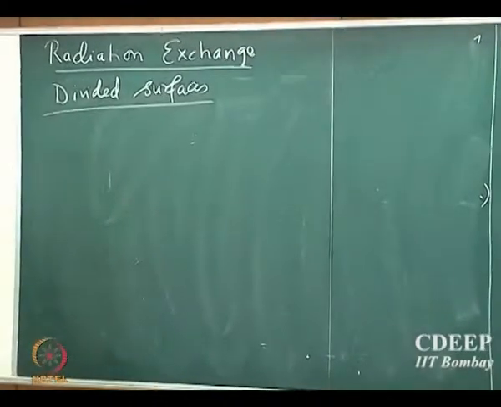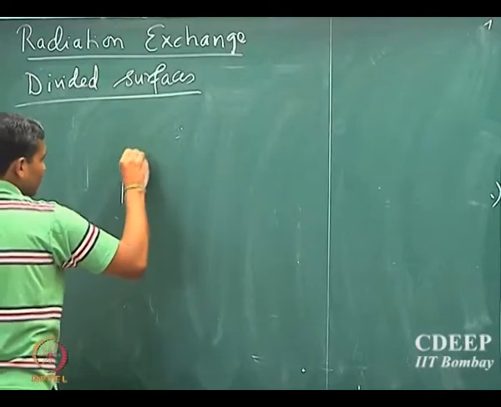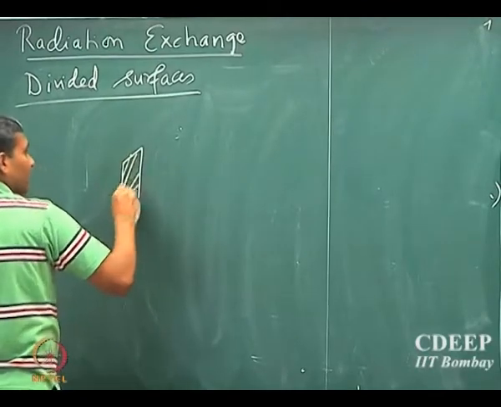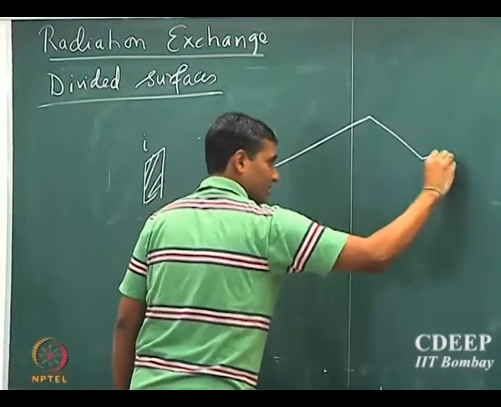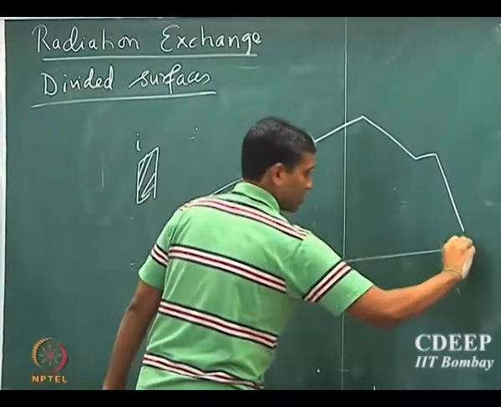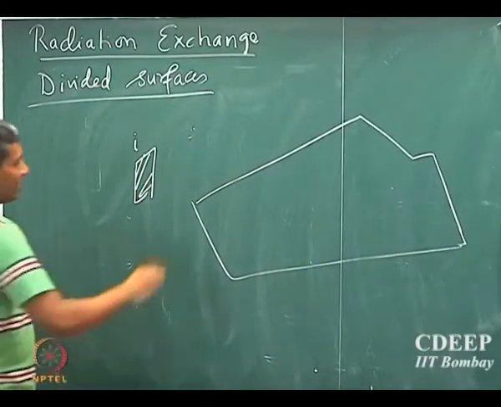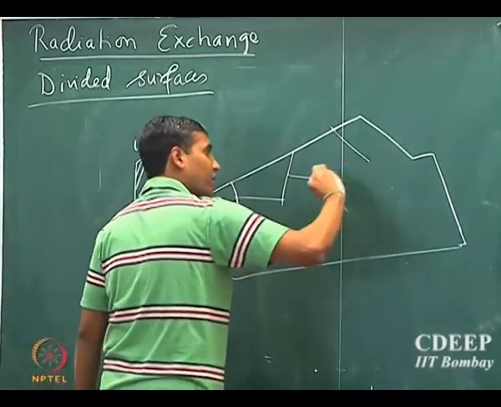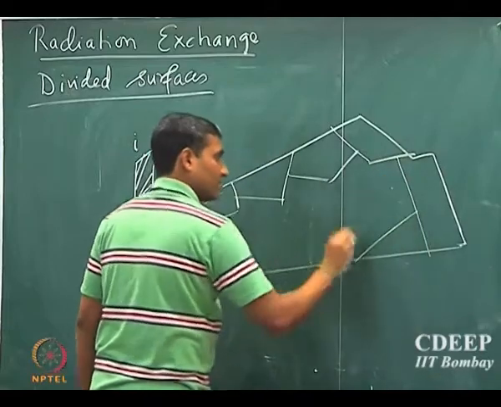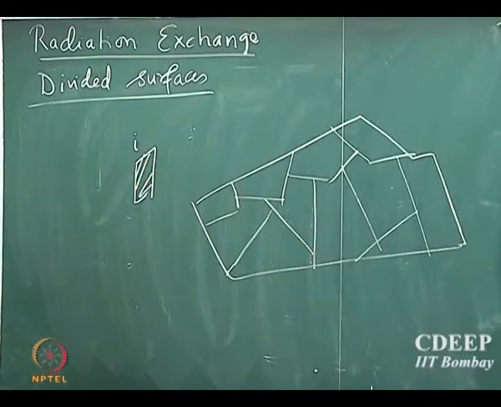Okay, we're going to look at divided surfaces. So let's say that there is a surface I, and there is another surface. In principle, without loss of generality, we could assume that different parts of the surface are actually having different properties, whatever way by which you achieve them.